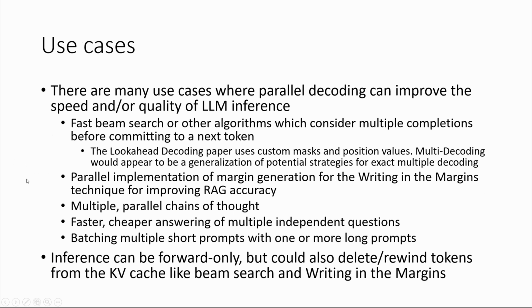there's more use cases than I can fit on this slide, but a couple of things really jump out. If you are trying to do advanced decoding one token at a time, there are already methods right now that consider doing a little bit of a tree search, some calculations, whatever.